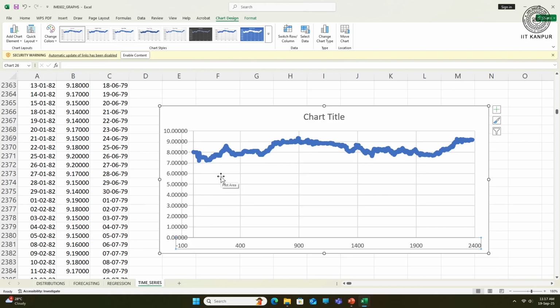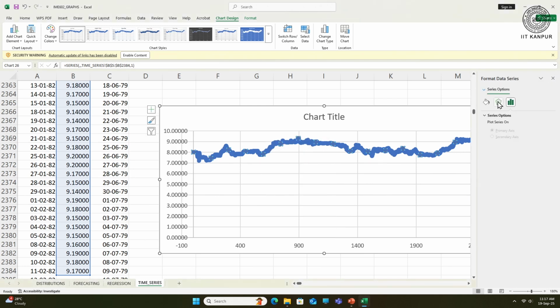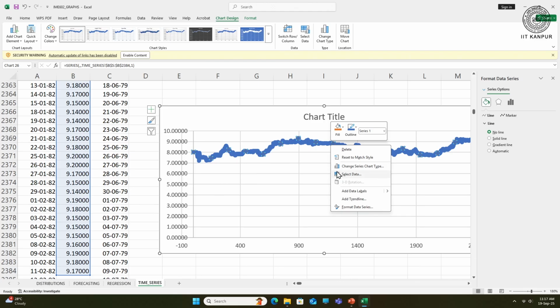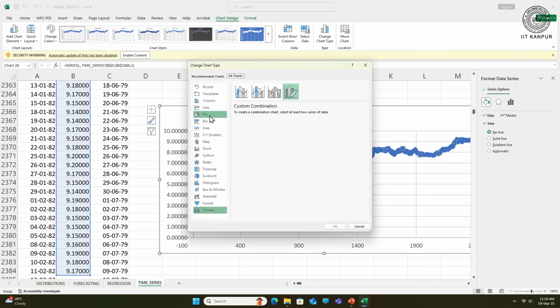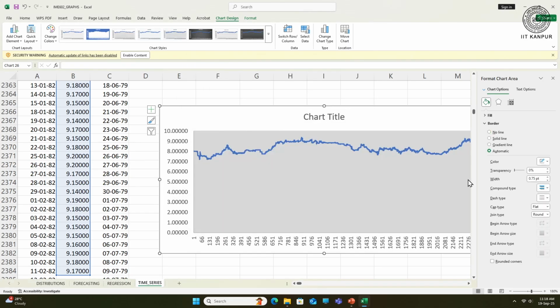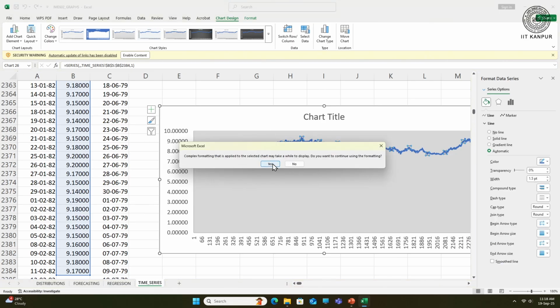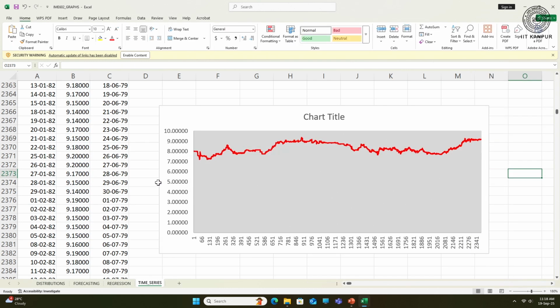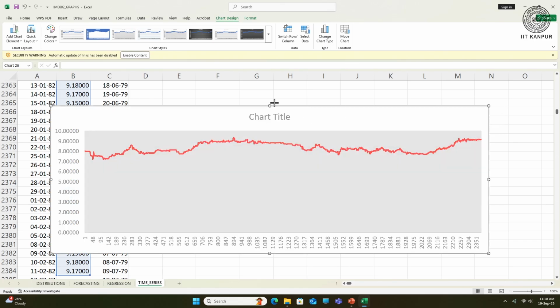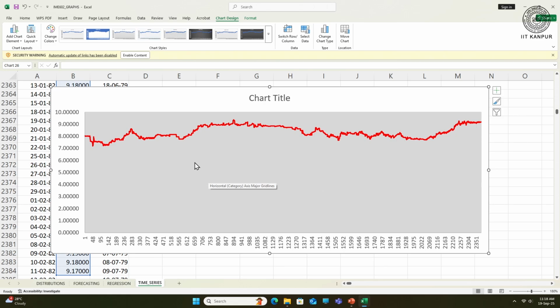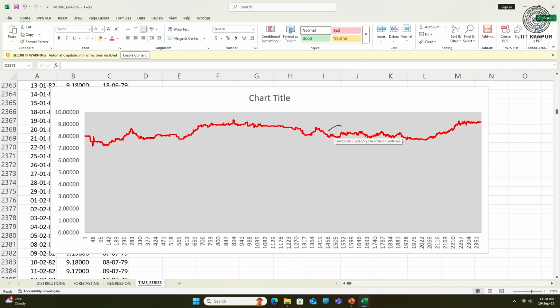Now, interestingly, if I consider this whole time series, and if I zoom in here, they are giving values for each day.